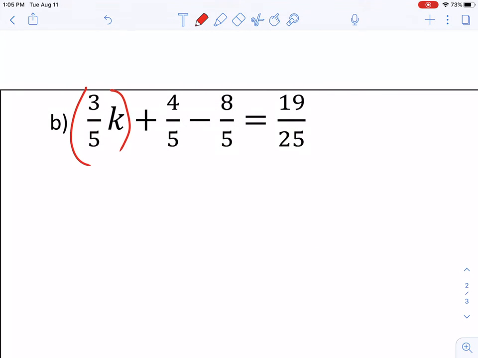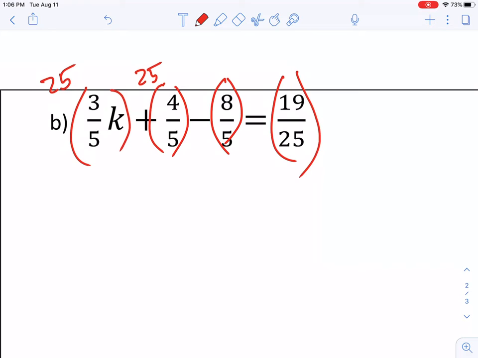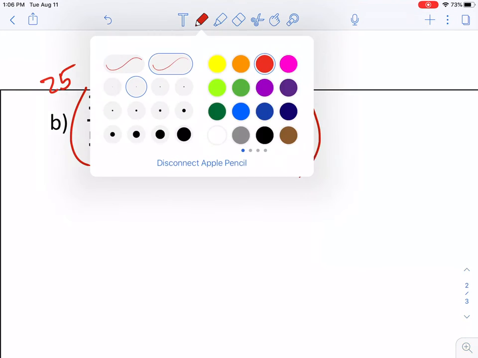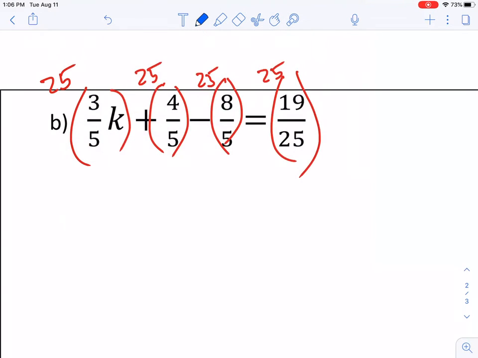So I have to take every term and multiply by 25, but I'm going to leave the signs since I'm multiplying. And then in blue, I'm going to show you what happens. So I'm going to reduce here. 5 and 25 reduces to 1 and 5.